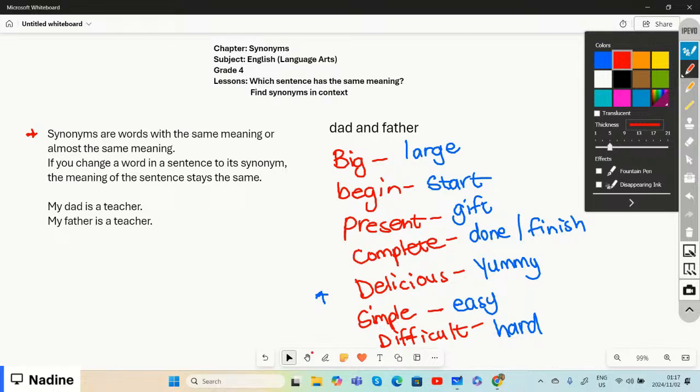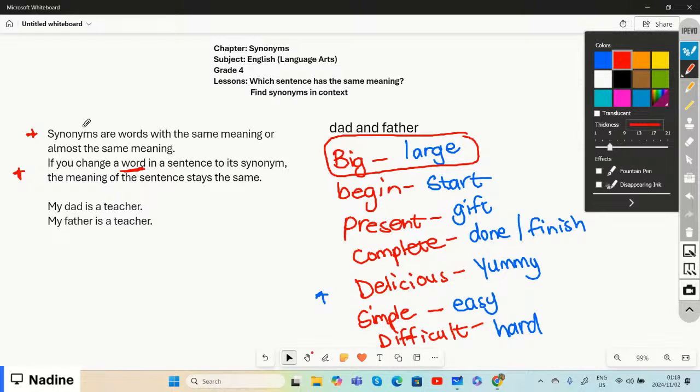For example, if I were to use the word big within a sentence, and I just change that word to its synonym large, then the meaning of the sentence will still be the same. That is basically how synonyms are.